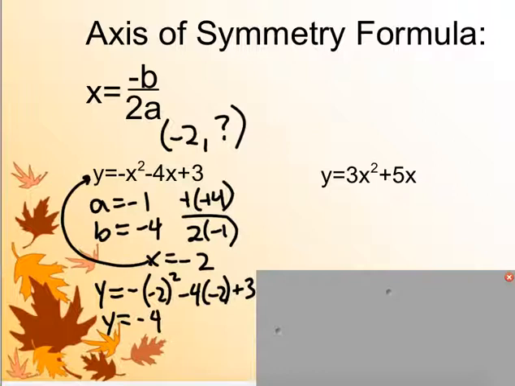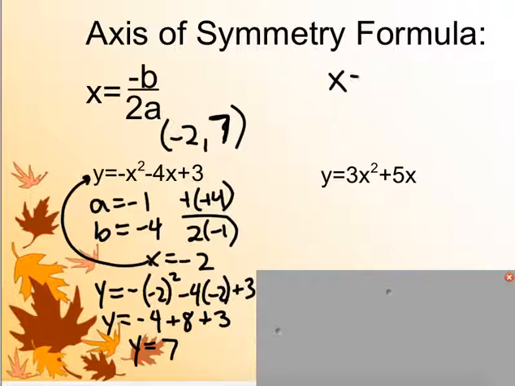And a -4 times -2 is a +8 plus 3. So y is equal to -4 plus 8 is a +4 plus 3 is 7. So we see that our vertex is actually at -2 comma 7. That is our vertex. And once again, we can do it with this second one.